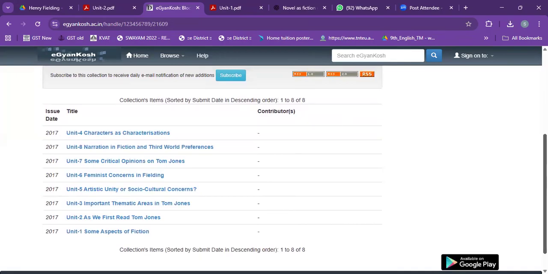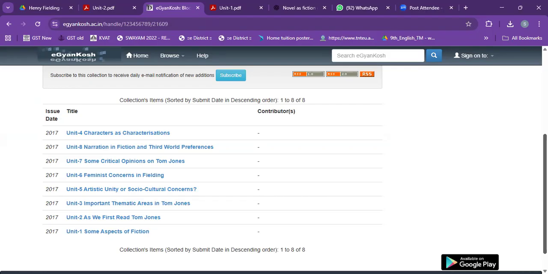Basically, it will be an introductory part where we are going to discuss some aspects of fiction. It will be an introduction for all the different blocks, for all the novels. So when you study unit number 1, it is not only about Tom Jones, but it's actually about all the different novels that we are going to discuss in future.